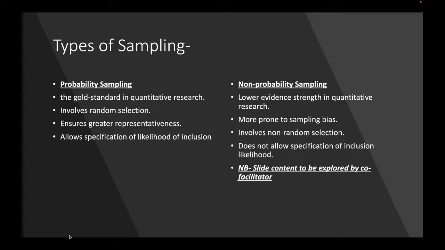And to reach that ability for it to be golden, there's a strong idea that randomized sampling or random sampling is the gold standard. And it is the gold standard because it allows you to get greater representation, so you get a sense of confidence that the group you are studying are indeed representative of the bigger group from which you have drawn them.